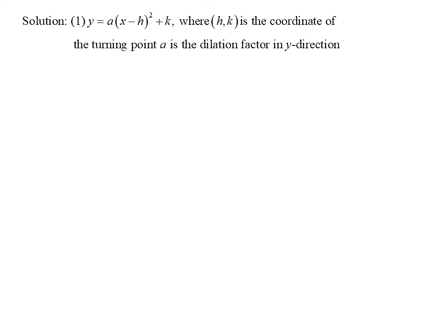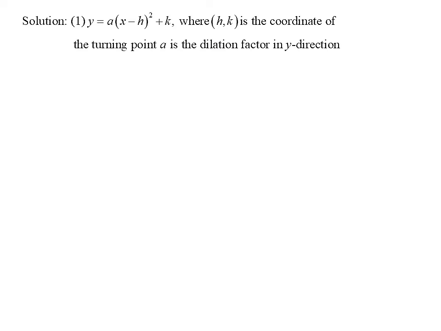Based on the given coordinates of the turning point of the parabola, as well as its x-axis intercepts, we have a right trapezium inscribed in this parabola. The first question asks us to write down the equation of the parabola in turning point form. Let's recall the parabola's turning point form.